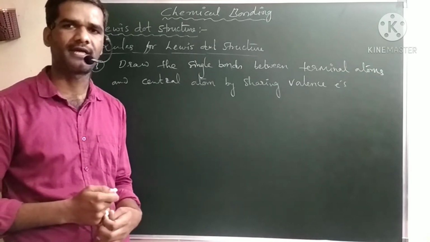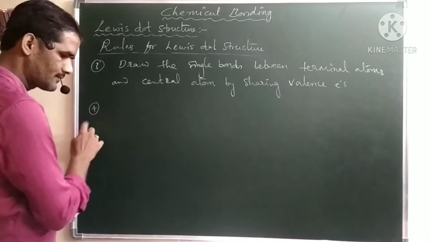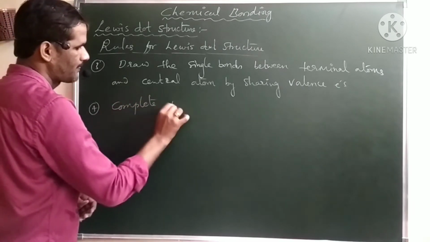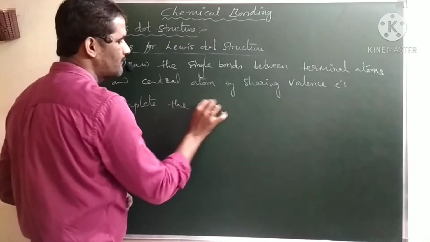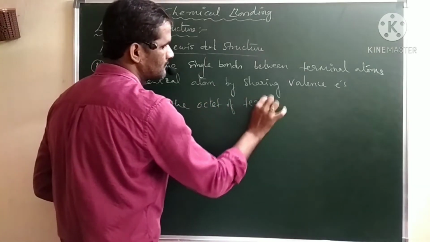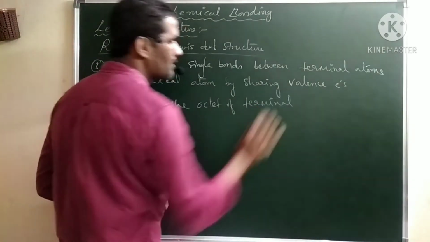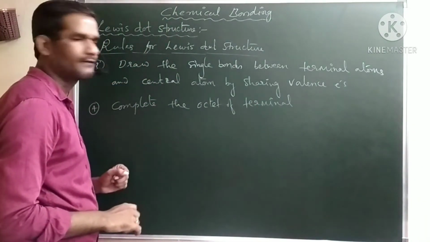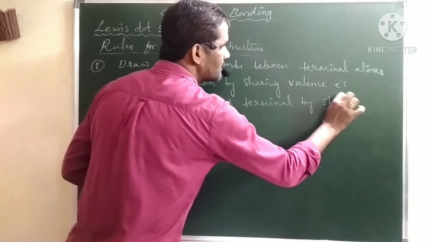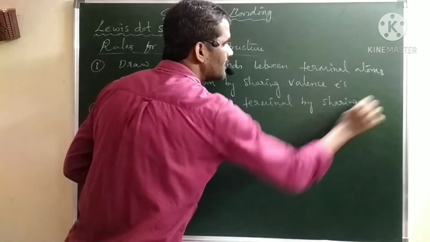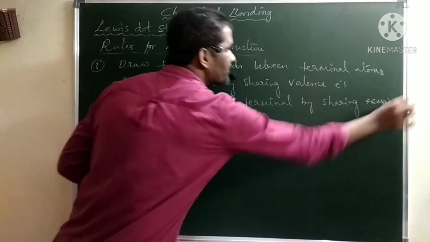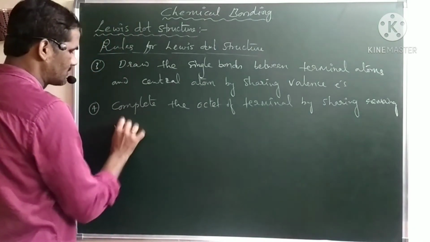Then how do they satisfy? Complete the octet of the terminal atom by sharing the remaining valency electrons.